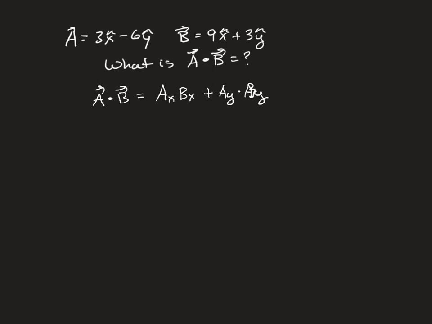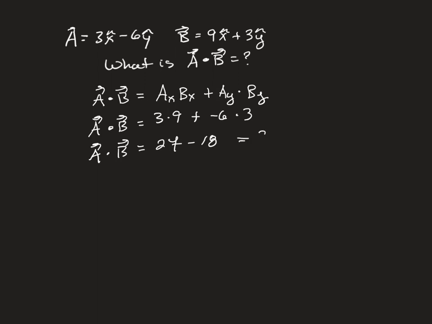And this should be a B, not an A. Since you're already given the components, all you have to do is plug into this formula. So we're going to take 3 times 9 plus -6 times 3, and that is going to give us 27 minus 18, which equals 9.